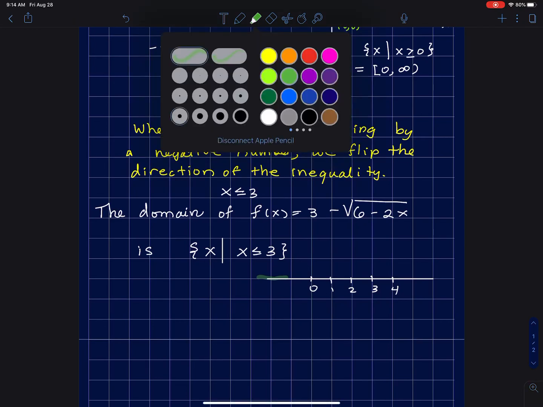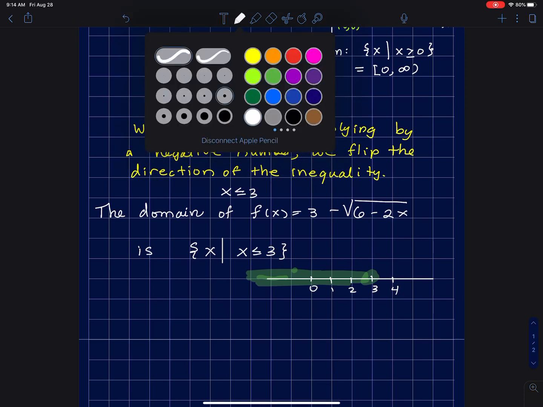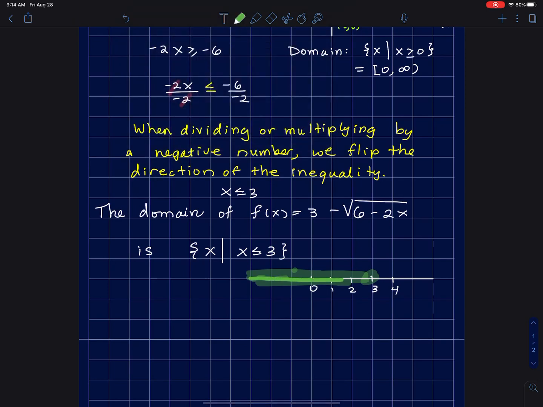I'm going to shade everything to the left of 3, including 3. Maybe I should just use a different color there. This is what that looks like.